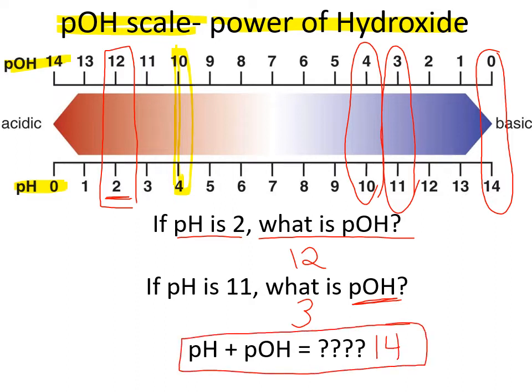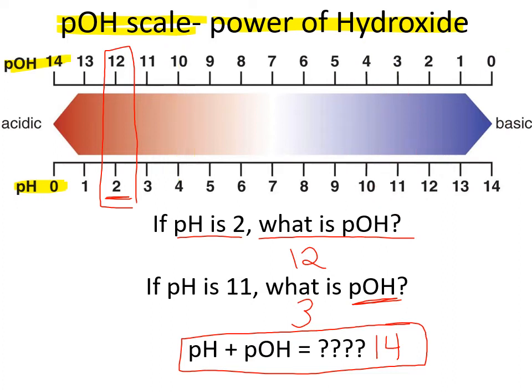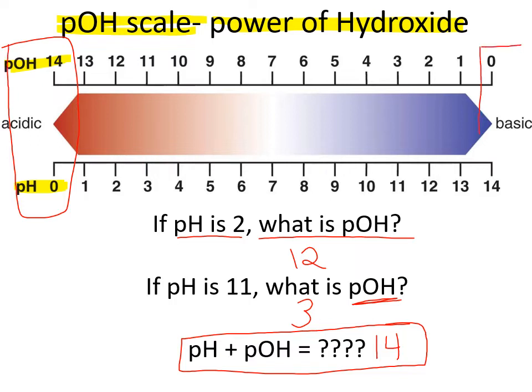Now this gets really confusing because a pH of 0 and a pOH of 14 is something really acidic. And then just the opposite, a pOH of 0 and pH of 14 is very basic. So it gets confusing with pH and pOH, figuring out if it is an acid or a base. But remember, they add up to 14.